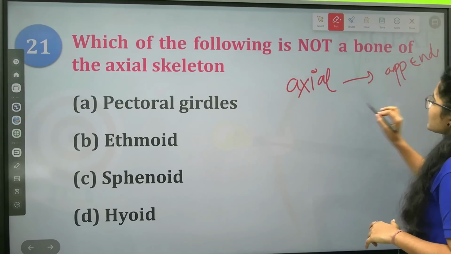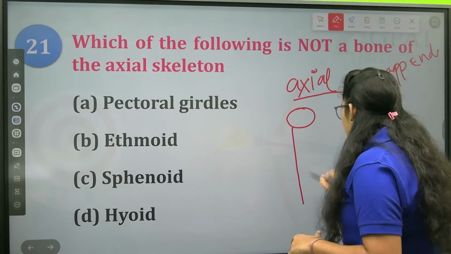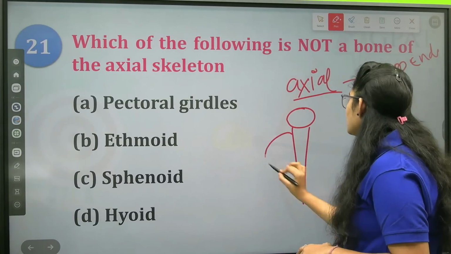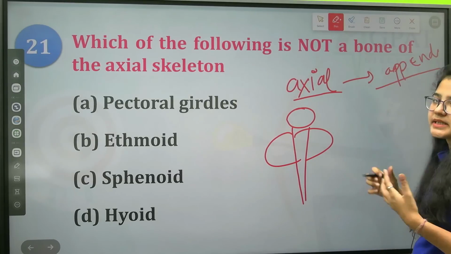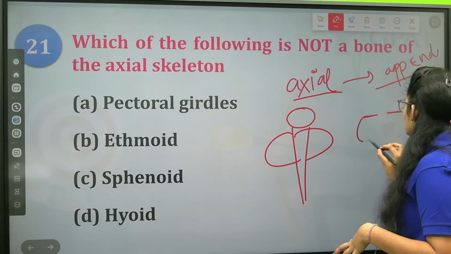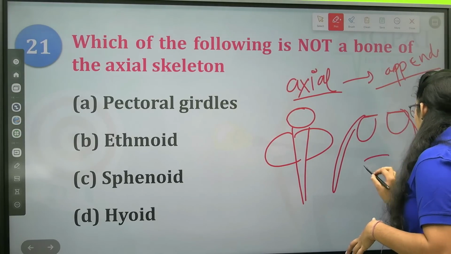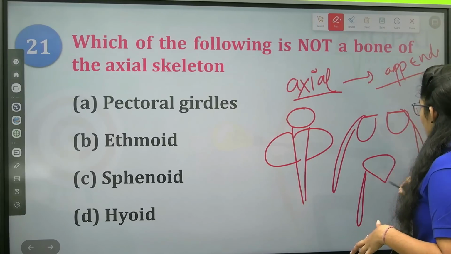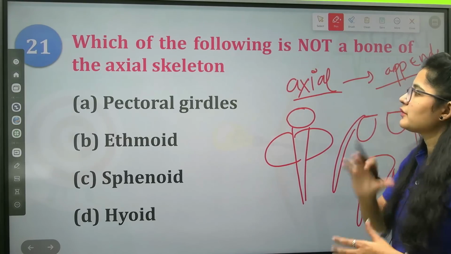The axial skeleton consists of your skull, vertebral column and your thoracic cage. Your appendicular skeleton consists of the rest of the parts, that is your collarbone, your shoulder blade, your upper limbs, your pelvic area as well as your lower limbs. These come under your appendicular bones.